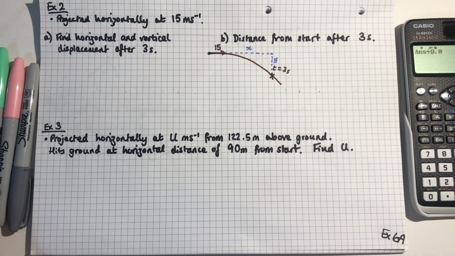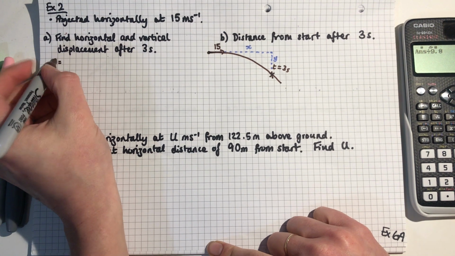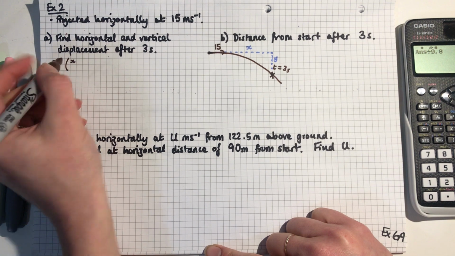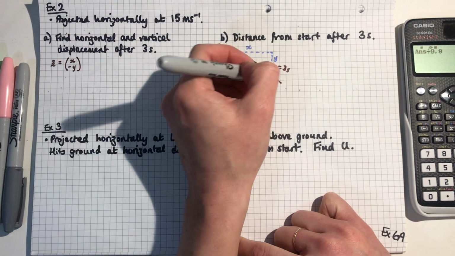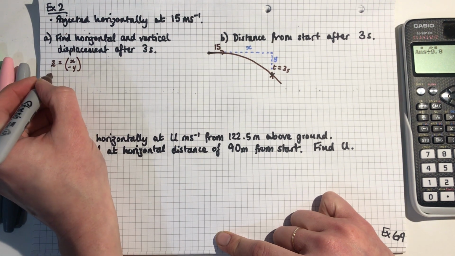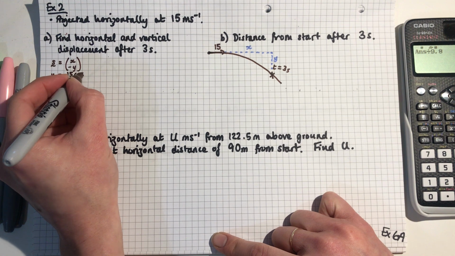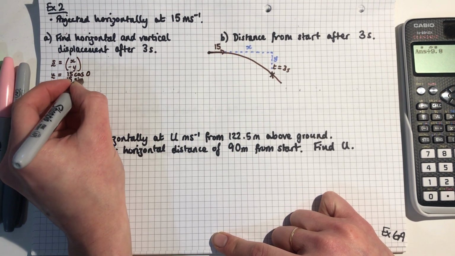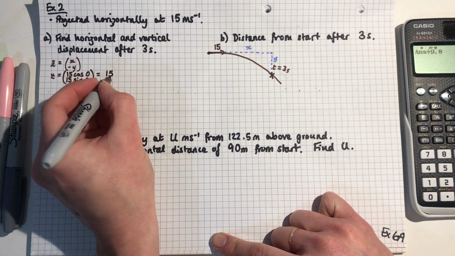We're going to start off by writing out, just like before, SUVAT, because we're going to do every question in the same way. So after 3 seconds, our horizontal displacement is x and our vertical displacement is minus y, because we've gone down by a distance of y. U was 15 cos 0, because our angle of projection is 0, 15 sine 0. But cos 0 is 1, so that's just 15, sine 0 is 0.